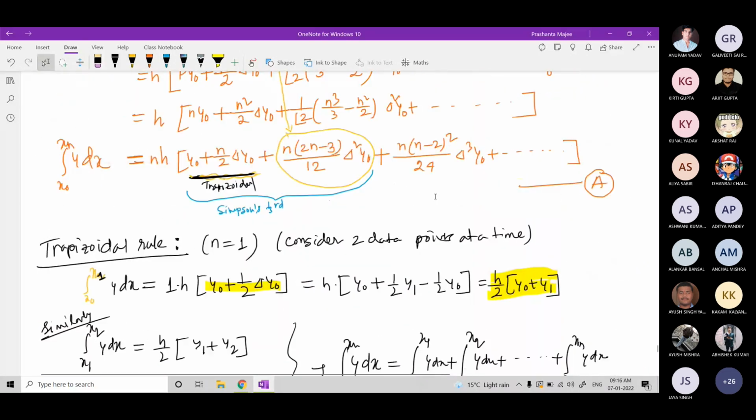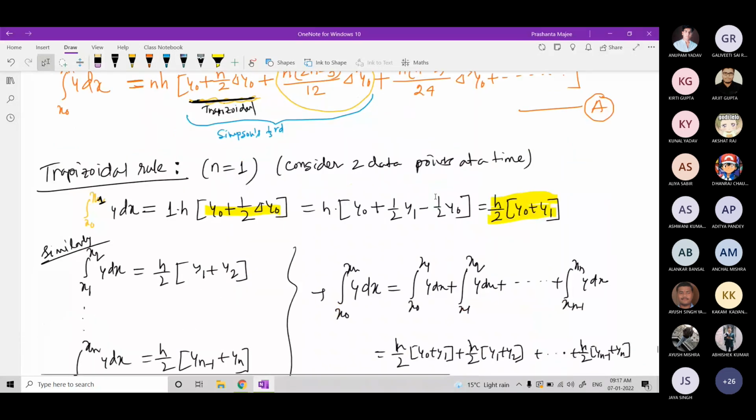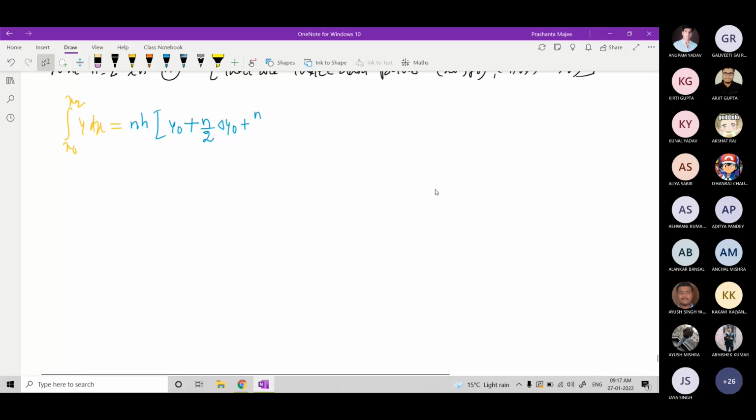n into 2n minus 3 by 12 into del square y0. Okay, now you have to simplify it, then you will get the formula. So simplify it.